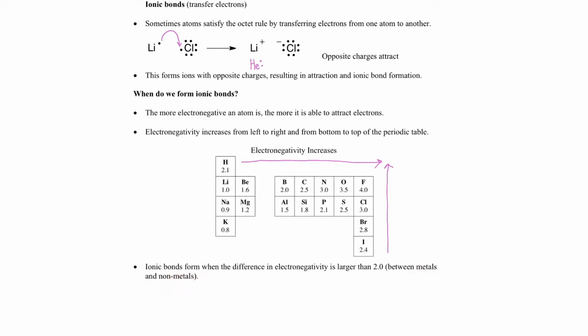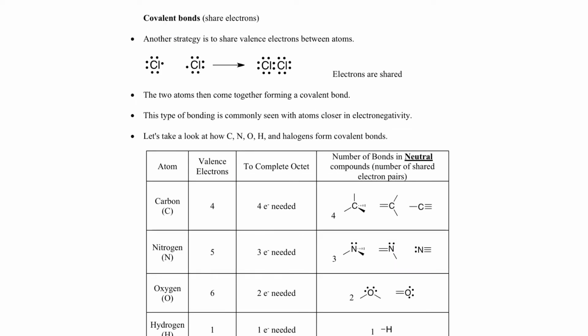It is also possible for atoms to share electrons. And when they share electrons, you end up forming covalent bonds. This usually happens between two atoms that are both nonmetals. So let's look at an example. Let's say we have two chlorine atoms together.